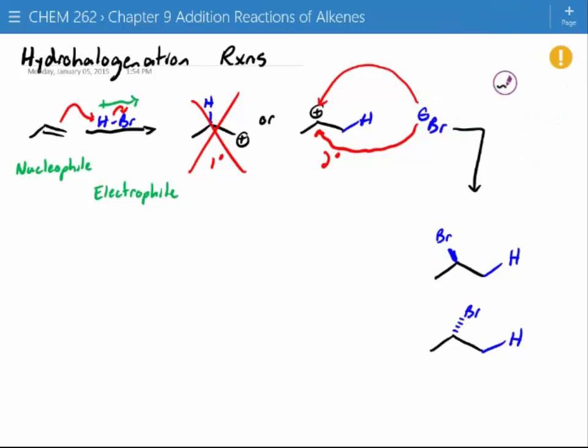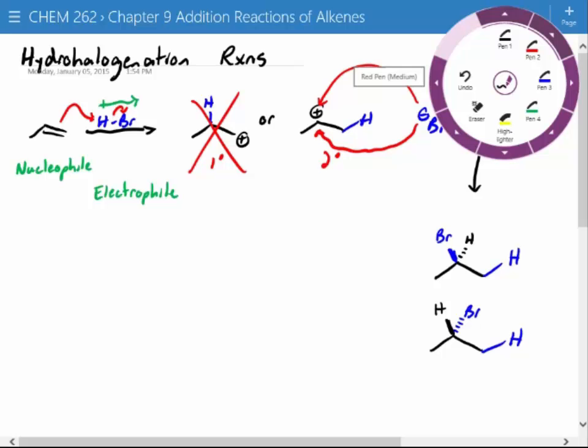Let me draw in our hydrogens that we know are on there. Are these the same or are they different? They're the same, right? Because we've got two methyl groups on there, so we can draw both enantiomers of this, but both enantiomers are the exact same product. So we don't really need to worry about stereochemistry in this case.